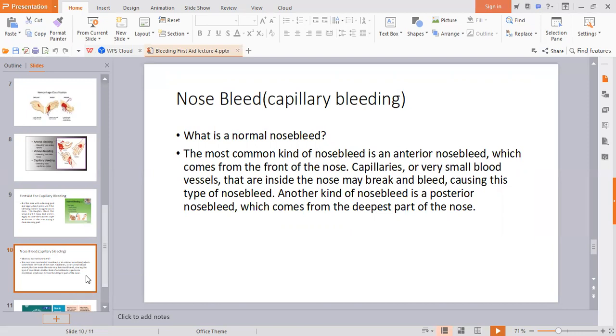To avoid nosebleed, you can also pinch the area between the nostrils, the upper side of the nostrils, and the head region. You can put cold ice on the head area of the patient or victim to help prevent the nosebleed.